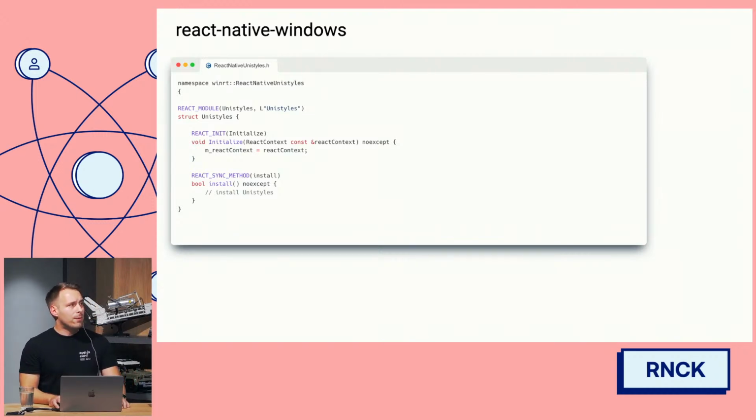And by default, React Native Windows will expose one more macro, React init. So it's like a constructor. It's not like a C++ constructor per se, but that's a constructor in React Native Windows. And here you will get the React Native context. And of course, you can use synchronous methods, asynchronous methods, and so on. So that's the bare bones of the native module for Windows.